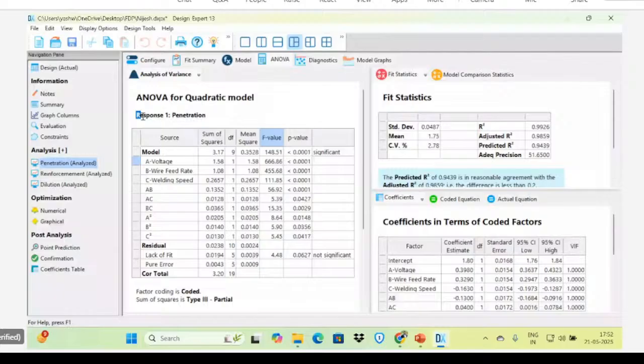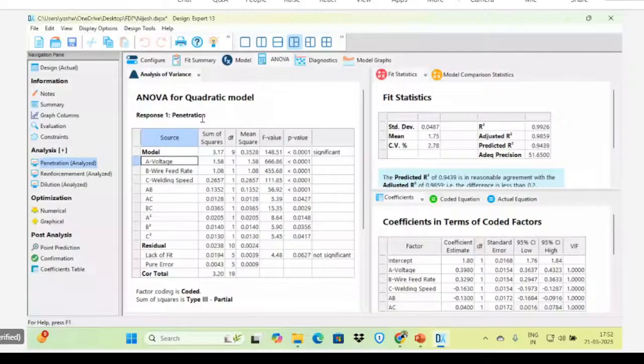If we change voltage from 20 to 20.2, the penetration will change rapidly. So this is the governing or dominant factor in terms of penetration. If we want to control the penetration, then we can control the voltage levels.